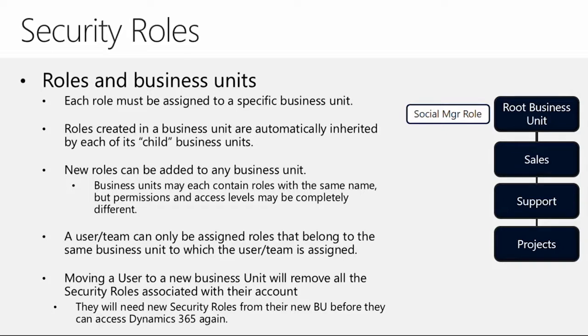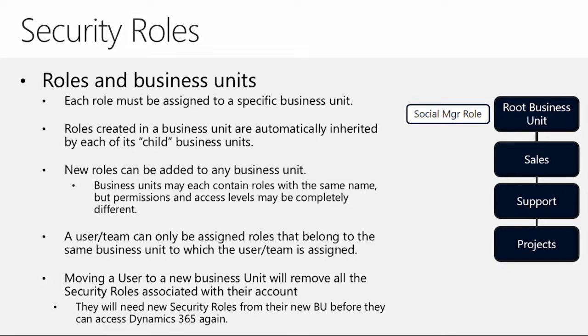And so when you create a security role, that security role actually has a business unit that is associated with it. And when you assign users security roles, those users must be assigned security roles that represent the business unit that they belong to. So what's neat about that is when I create a security role, all of the different subsequent business units will inherit that same security role.